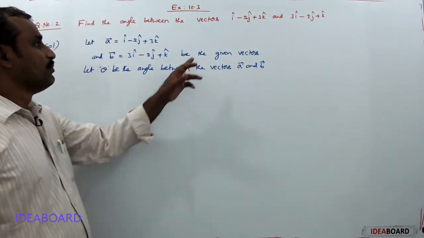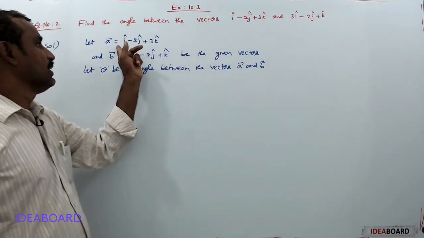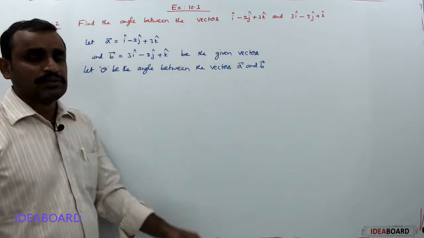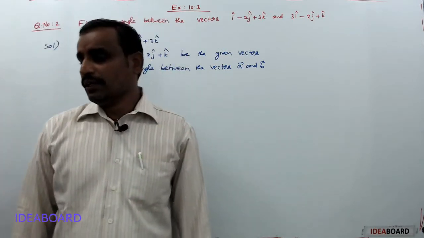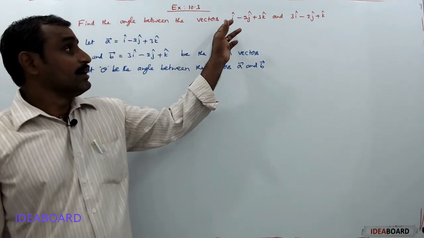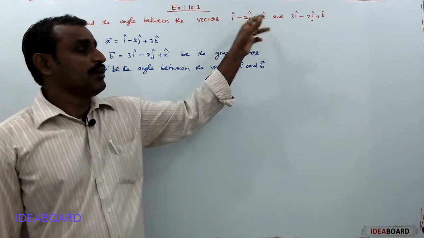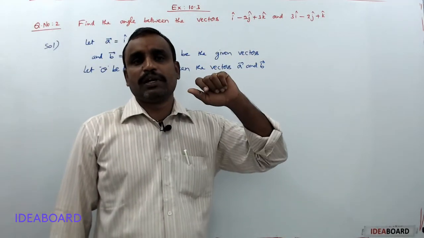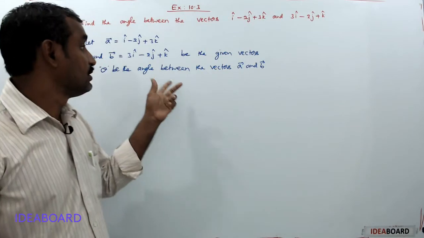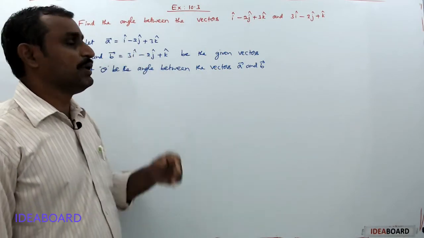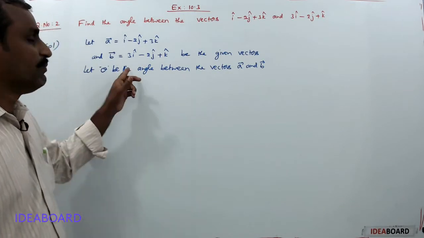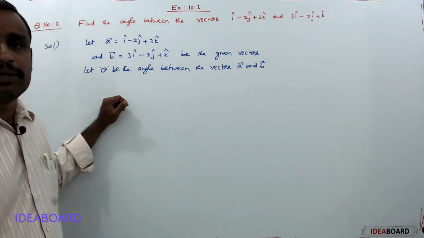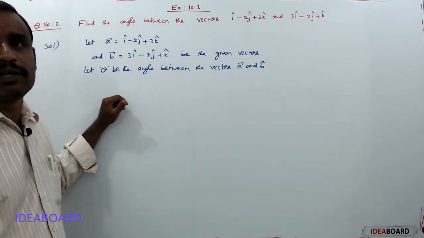So now here they have given A bar and B bar. How to calculate the angle from this? In the previous question they gave the magnitude of A bar, magnitude of B bar and the dot product. But here they have given directly A bar and B bar only. So we know the formula cos theta is equal to A bar dot B bar by magnitude of A bar into magnitude of B bar.